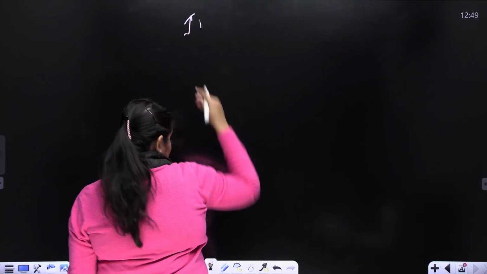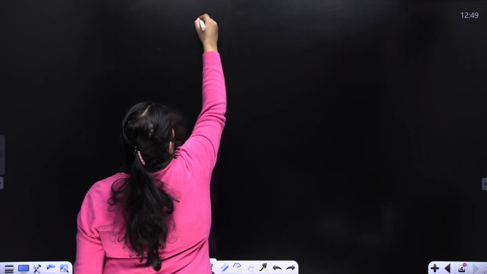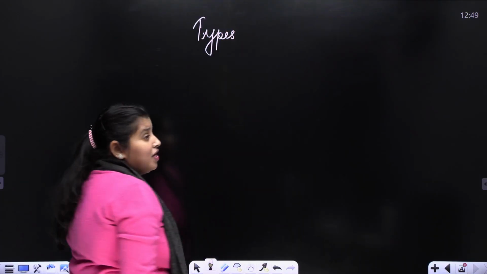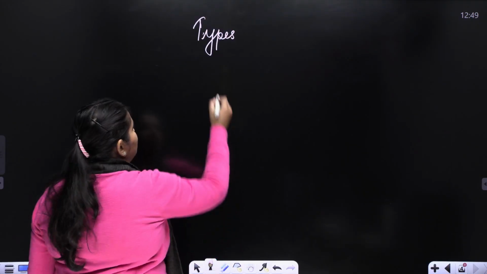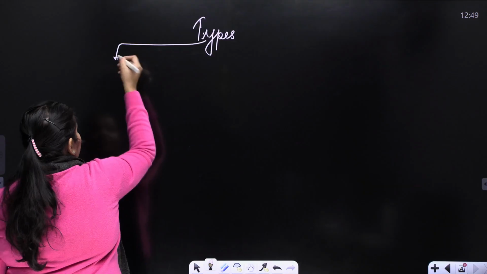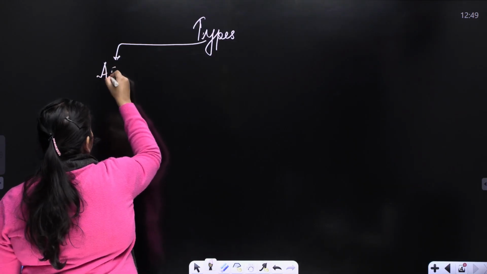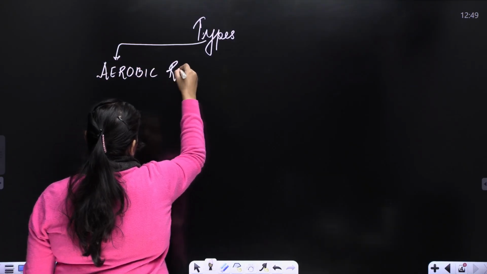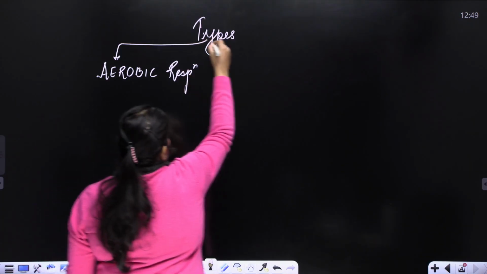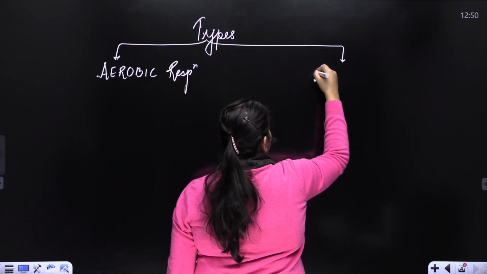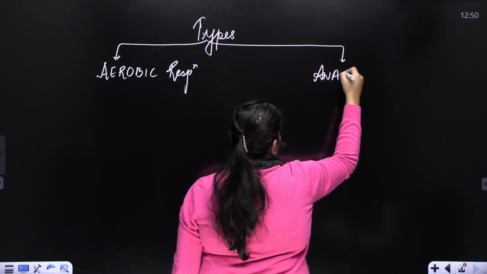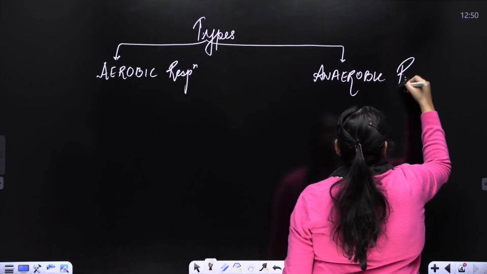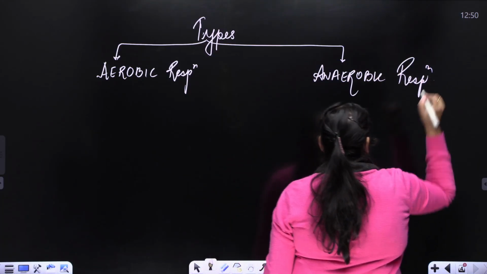What are the types of respiration? There are two types of respiration which take place in a living system, and this involves aerobic respiration and the second one, anaerobic respiration.